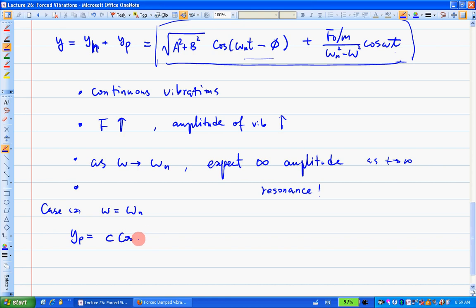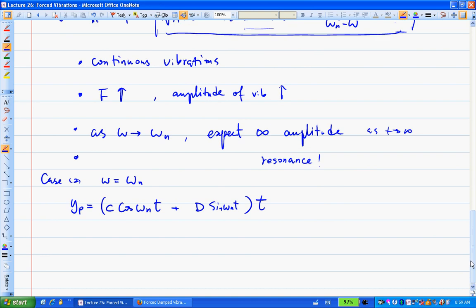I'm not going to write omega anymore, I'm just going to write omega n now, because omega is the same as omega n. So then multiply everything by a t, right? So that's our lucky guess of the yp. Then we need to solve for c and d. That make sense?